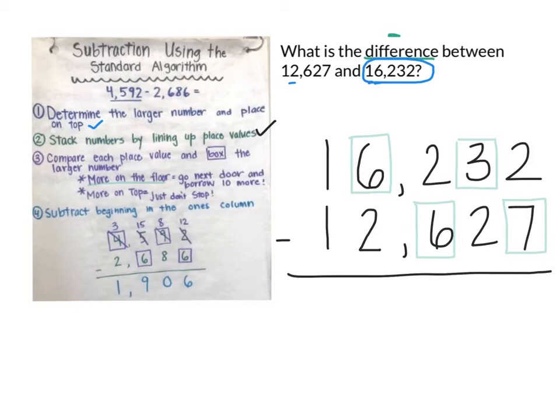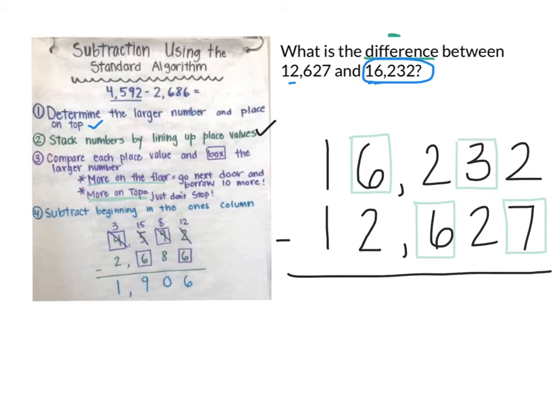That tells me we have to regroup. When we have more on top, it means we are ready to subtract and that we do not have to regroup. So already when I'm looking at this problem, I can see that in 2 different places, I have a greater value on the bottom. This tells me that we'll have to regroup.